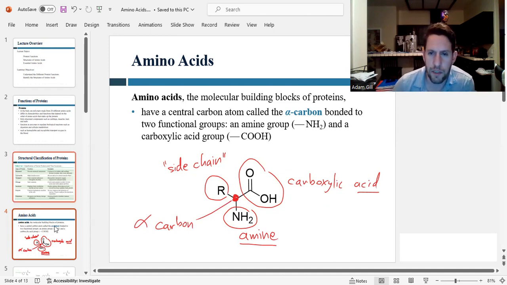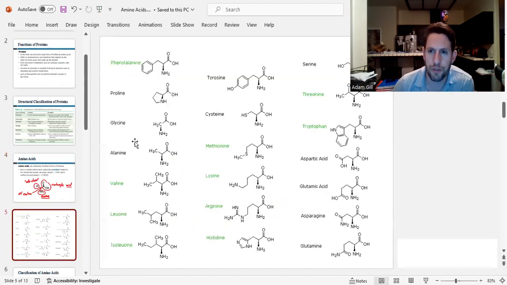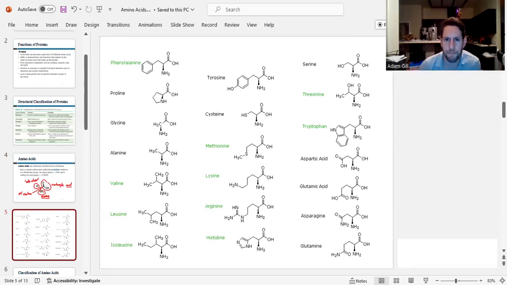Now, I'm just going to jump right into it and show you the structure of all 20 amino acids here. So these are the 20 different naturally occurring amino acids that all proteins are made up of. Now, a protein doesn't necessarily need to have all 20 of these. It can only utilize some of them. Maybe it has all 20. It depends on the specific protein, but these are the building blocks.